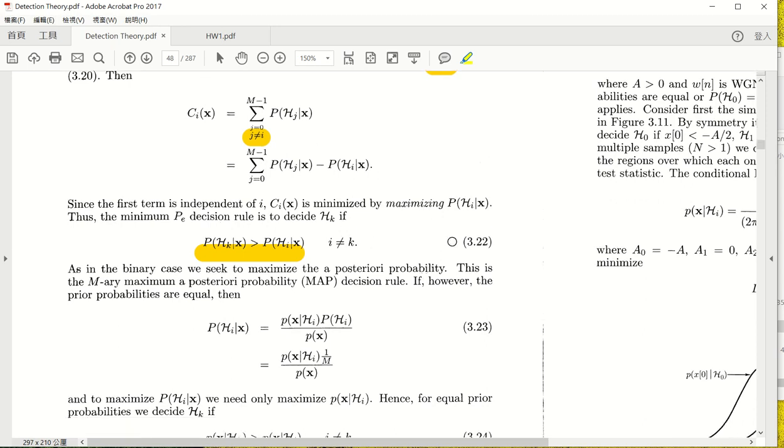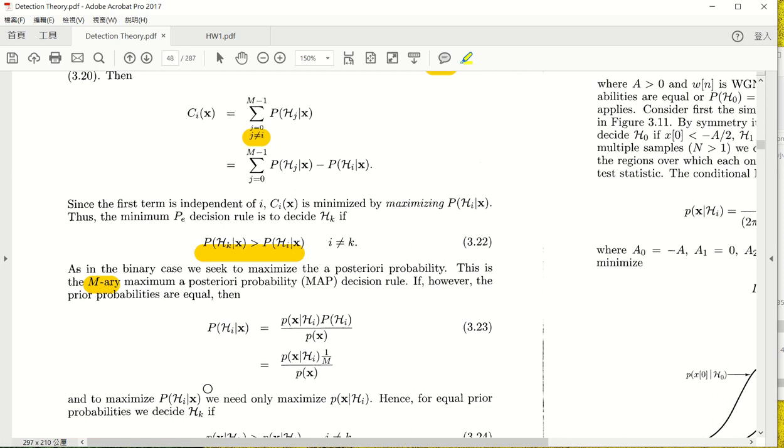Okay, and then the other thing is if you have prior, I'm sorry, to make a correction, this is called the M-ary. Notice this terminology, M-ary.